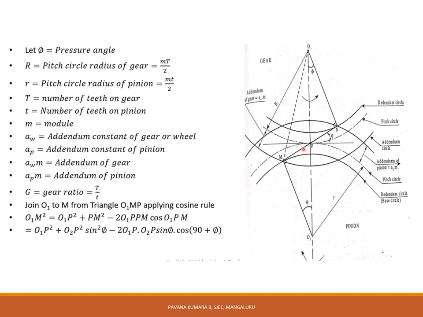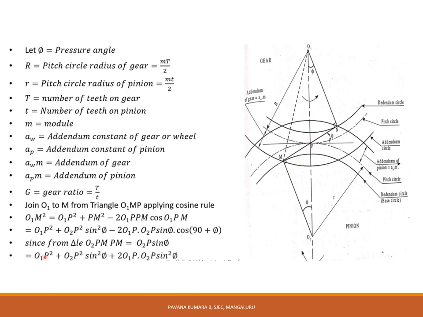Why? Because phi is here, so it is 90 plus phi. So from the triangle O2PM, PM is equal to O2P sin phi, which I already told. From this triangle we can determine PM.